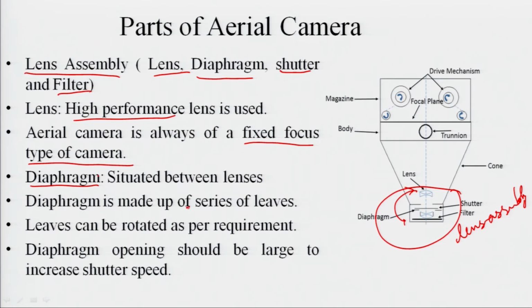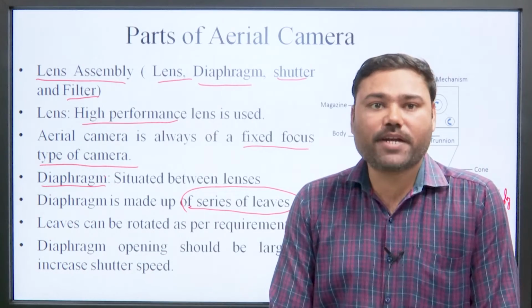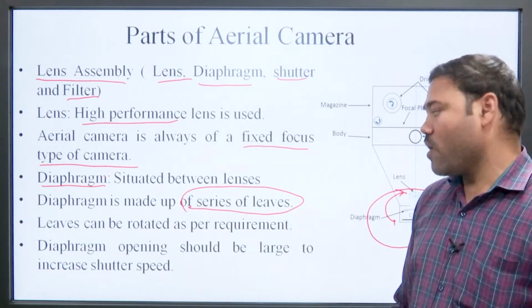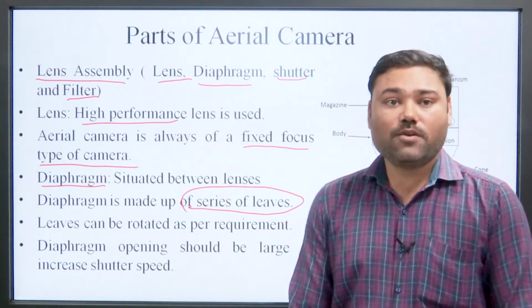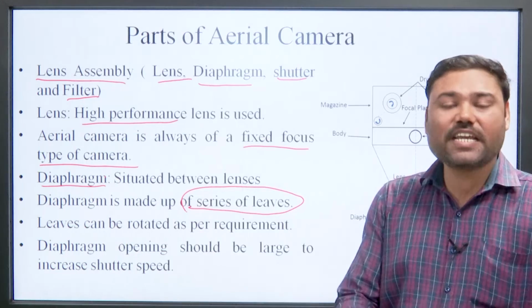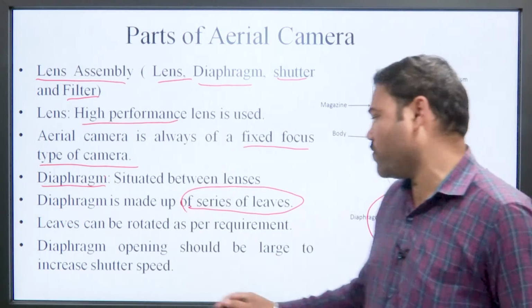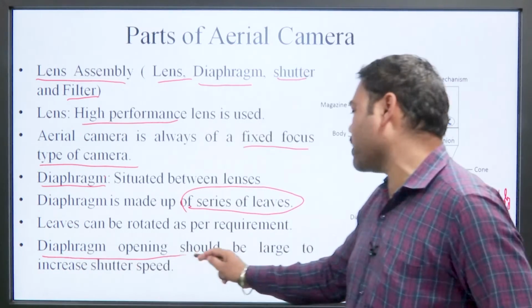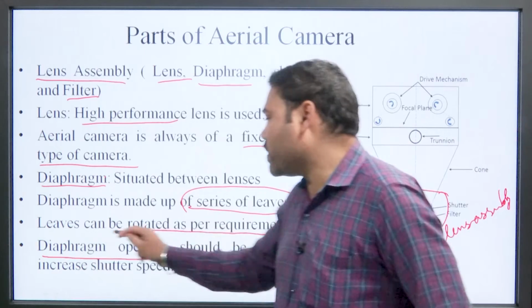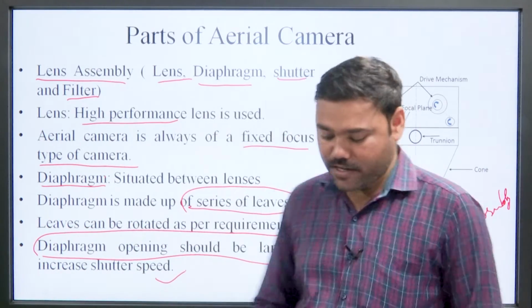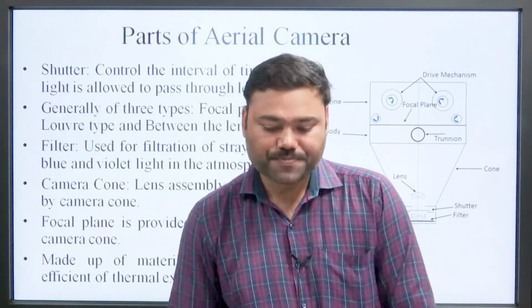It is made up of a series of leaves that can be rotated as per requirement. The diaphragm is also used as an opening for increasing the shutter speed. Therefore, the diaphragm opening should be large to increase the shutter speed.